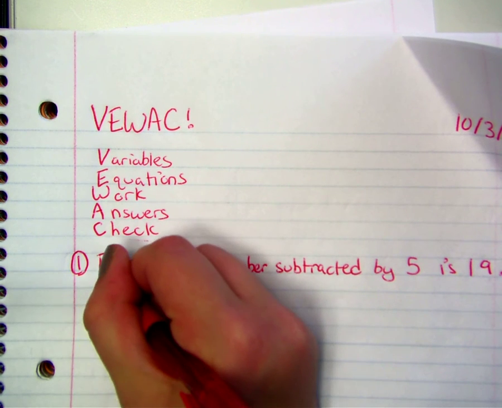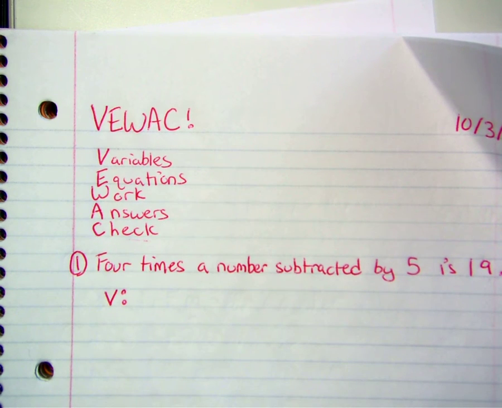So V is your variables. How you get your variables depends on what the question is that they are asking, no matter what problem you see, because we'll use VEWAC for all types of problems. Now in this case, they don't really ask a question. If you read the statement a few times, there's no question mark in there. But there's kind of an implied question. So let me read this one more time. 4 times a number subtracted by 5 is 19.